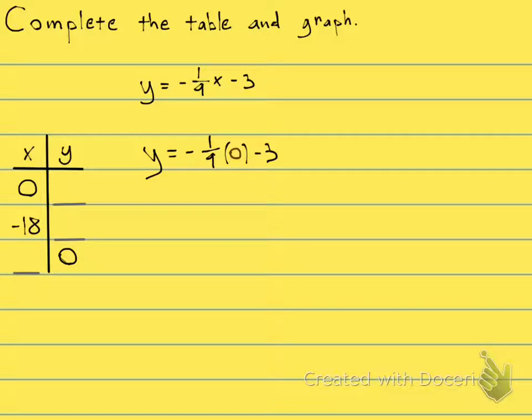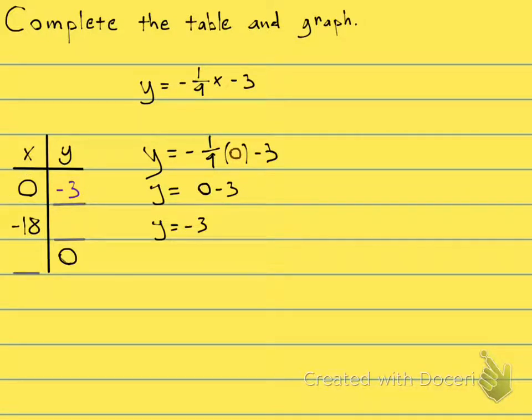So now we have y equals, anything times 0 is just 0, so this whole term is 0. -1/9 times 0 is 0, and then 0 minus 3 is -3. So that's our answer for the first part. Put in a -3. And you see we have an ordered pair now. 0, -3 that we can put on a graph.